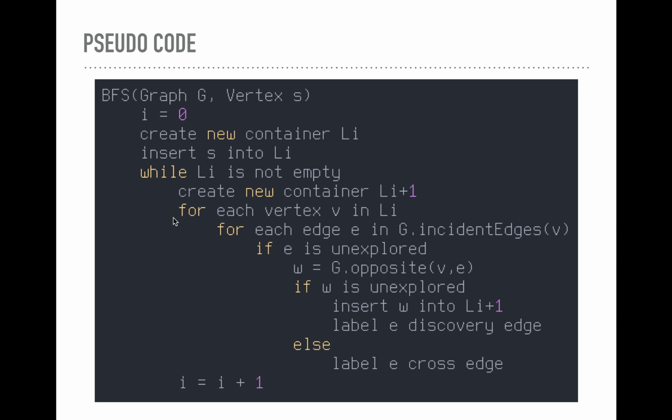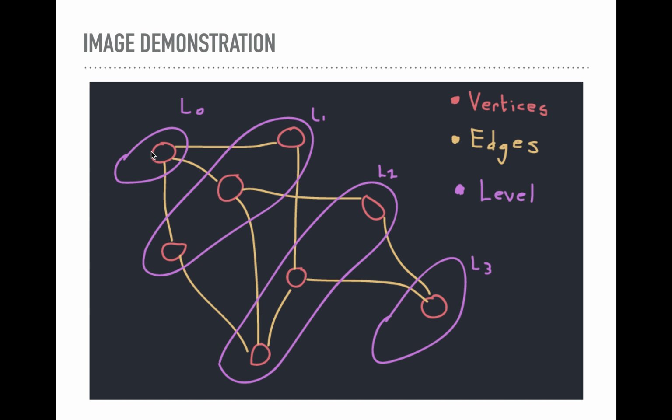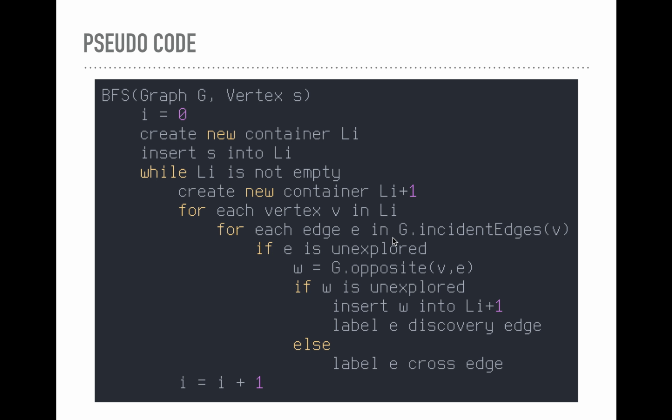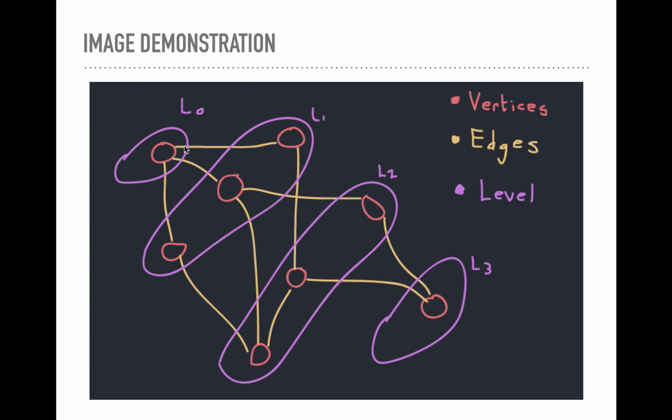For each vertex v in L at I, so for each vertex in L at 0, that's this one vertex. Now for each edge e in G.incidentEdges(v), so for each edge that's incident on v, that just means it's connected to it. This edge is incident on v, this is v, the starting vertex. These 3 edges are incident on it.